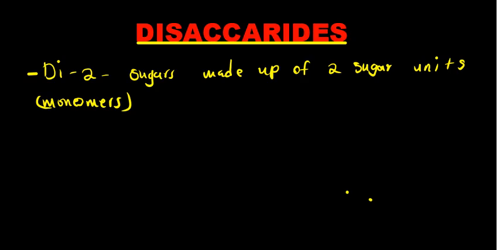Characteristics of disaccharides. These sugars are crystalline, which means they are crystal-like. They make crystals.